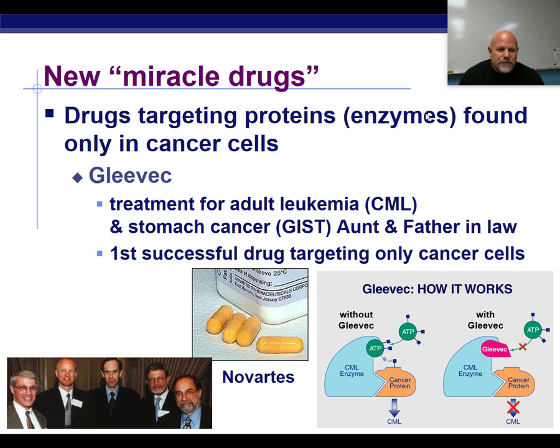It's also been useful in slowing the growth of certain types of cancers in our digestive tract we call GIST. So this was the very first successful kind of miracle drug. There have been other drugs similar to Gleevec that are on the market now for other types of cancers, and they have been pretty successful.